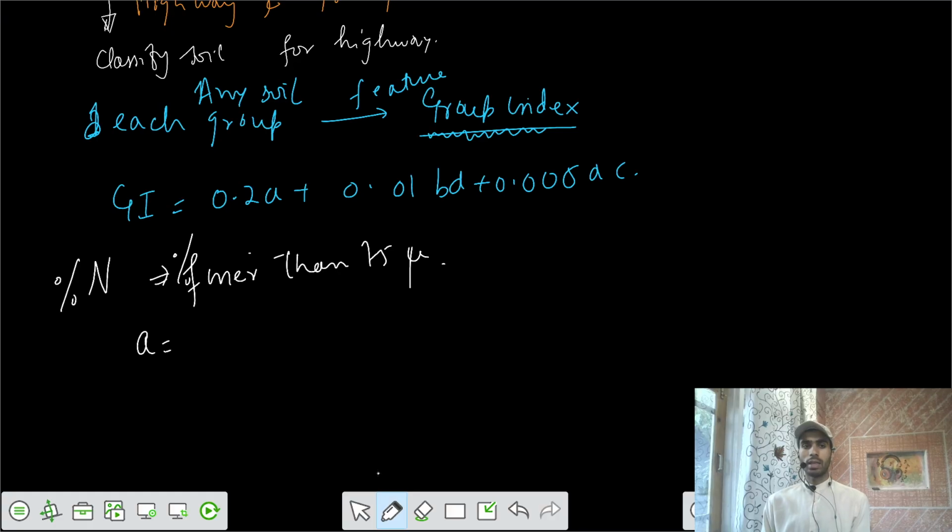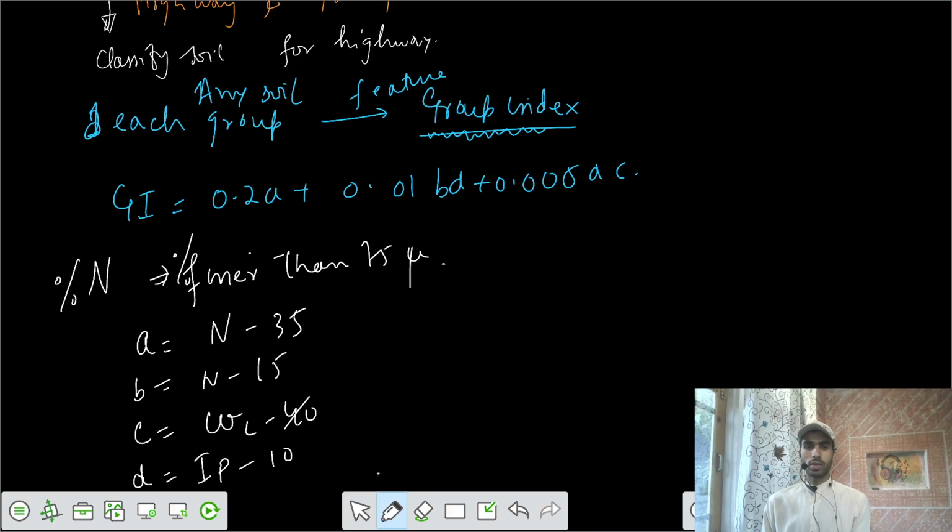The value of a is n minus 35. The value of b is n minus 15. The value of c is liquid limit minus 40. And the value of d is plasticity index minus 10. I have to check it. Okay, it is 40.